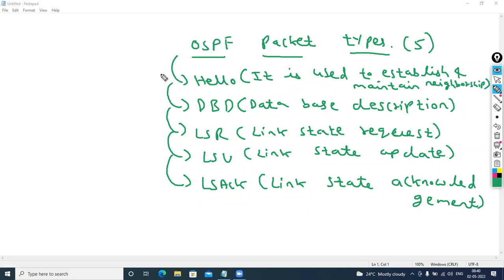What are the default hello and hold times? It depends on the type of link.